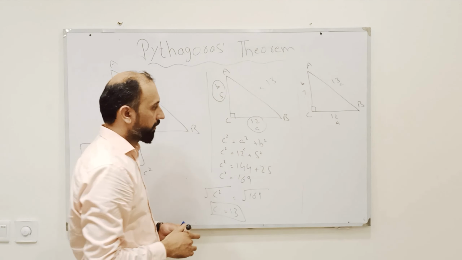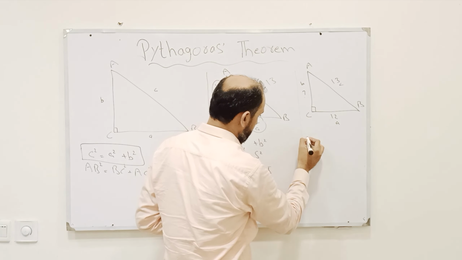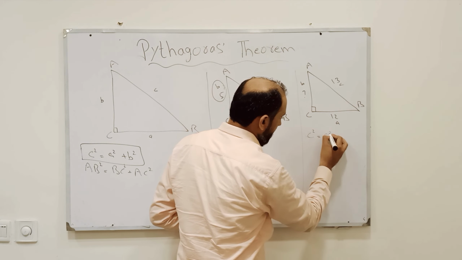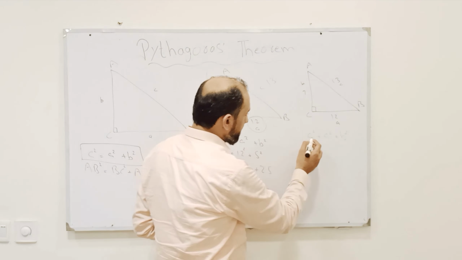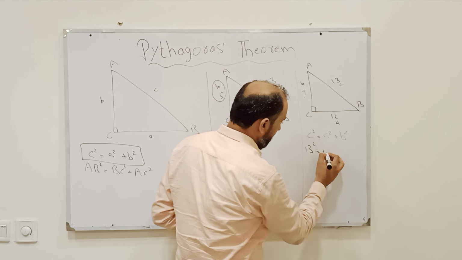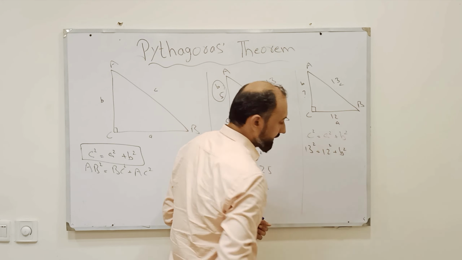Okay. Now first you put the values into the formula of the Pythagoras theorem. So it's C square is equal to A square plus B square. So C square, you have 13 square, is equal to A square, which is 12 square, plus B square. We need to find B square.